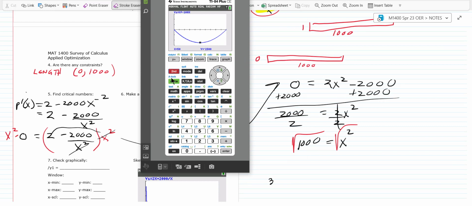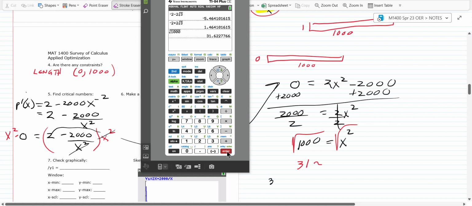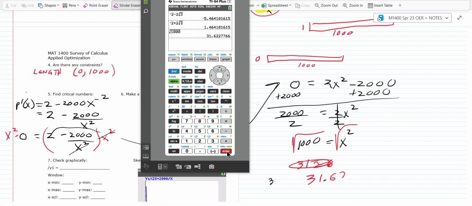So on a blank screen, okay, I'll go ahead and do that. So I've got square root of 1,000. That's going to give about, let's round that to 2 decimals, about 31.62. That is about what x is then.